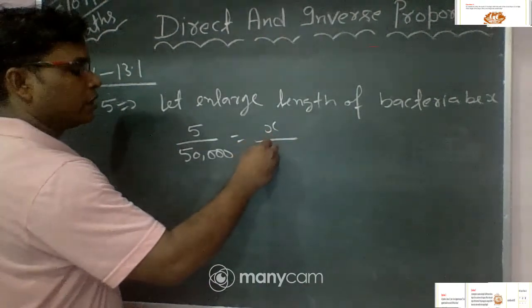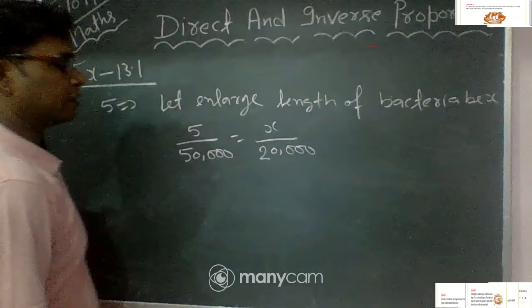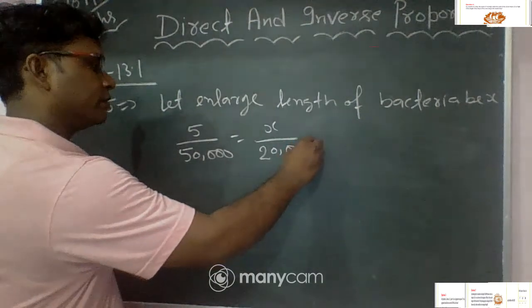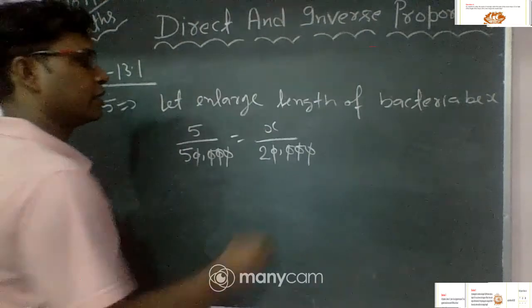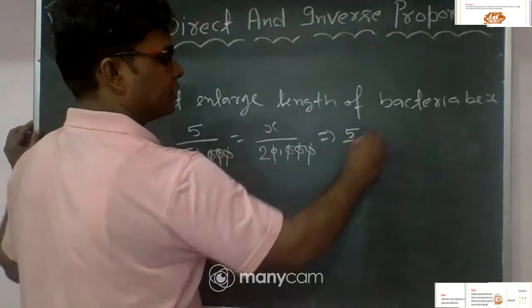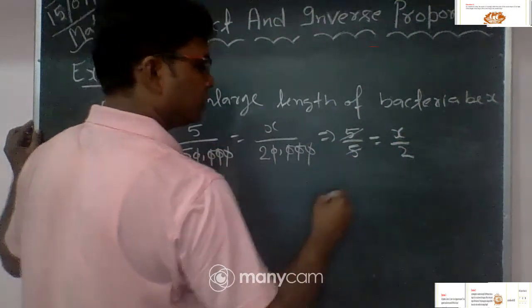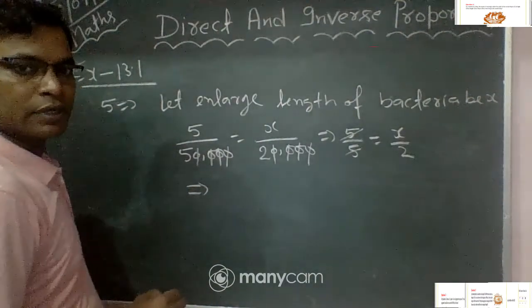So it shows 20,000 times. Clear? So you can write, cancel the zeros, or you can write it 5 by 5. This is equal to x by 2. So 5 also cancels.